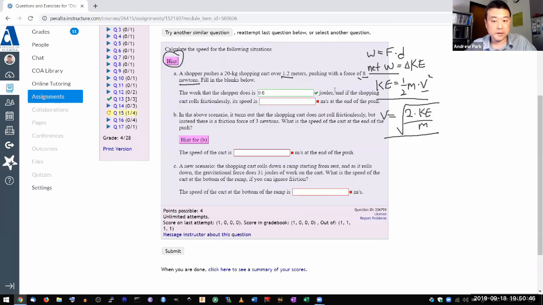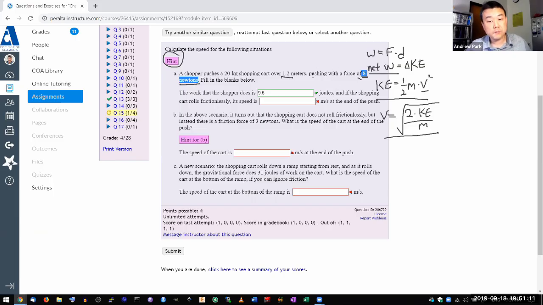So, all right. And if the shopping cart rolls frictionlessly, meaning that the applied force, 8 newtons here, is the only force, that is the net force. So this is the net work done. This does give you the change in kinetic energy. And I guess we would be assuming that the kinetic energy is changing from 0.